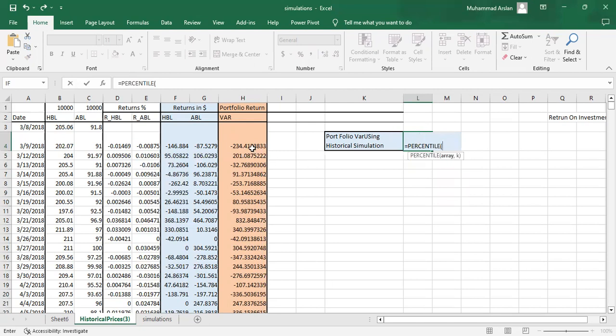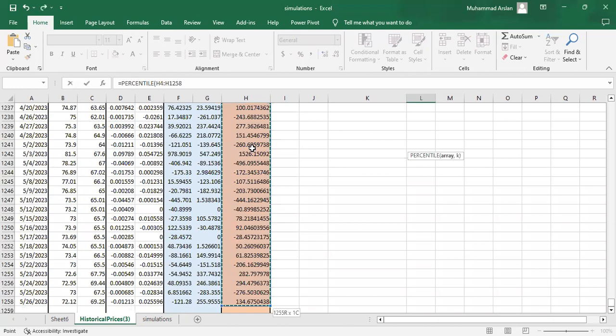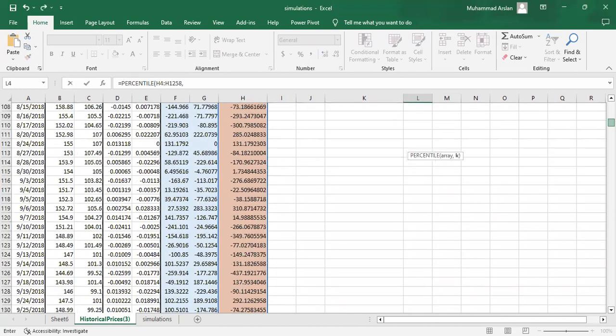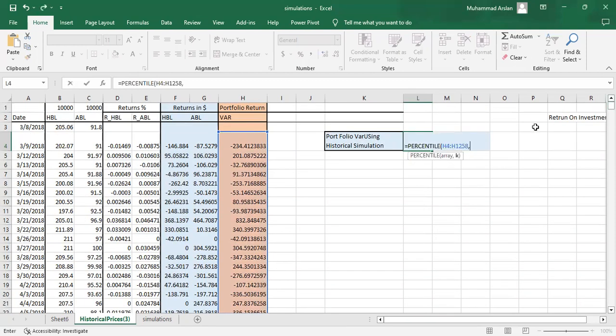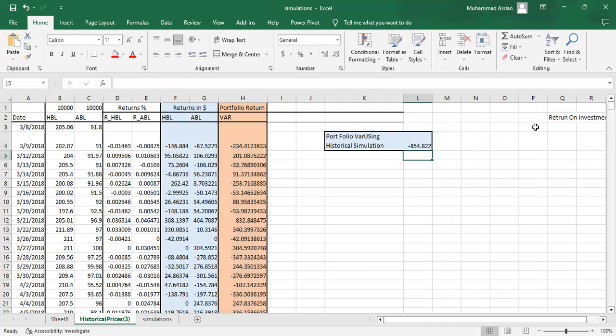We have the portfolio return, so we select the array till the last date. Then it says select the k. K is the percentage, the confidence interval you want to compute. Like, we usually compute the value at risk at 99% and 95% confidence intervals. So let's assume we are going to compute our value at risk at a 99% confidence interval. For a 99% confidence interval, I will use 1% as the percentage which is left over, and then hit okay.